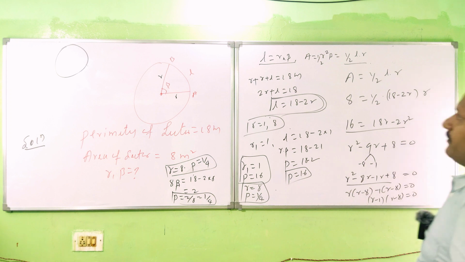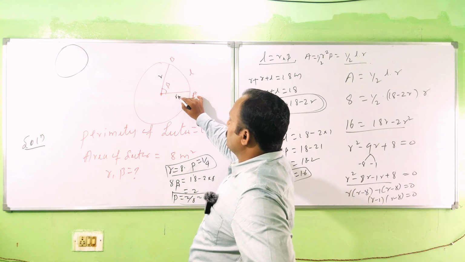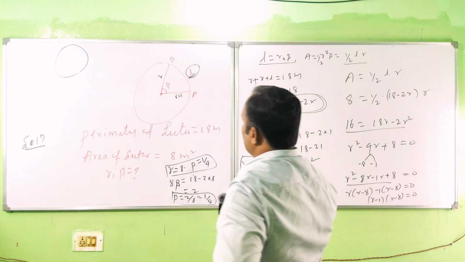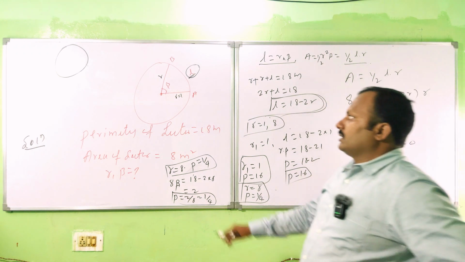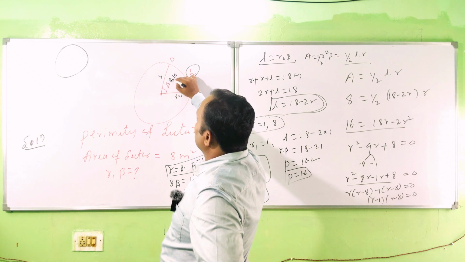If r becomes 1, so this is not defined. This is not defined because this is quite difficult to define. Beta is not equal to 16.